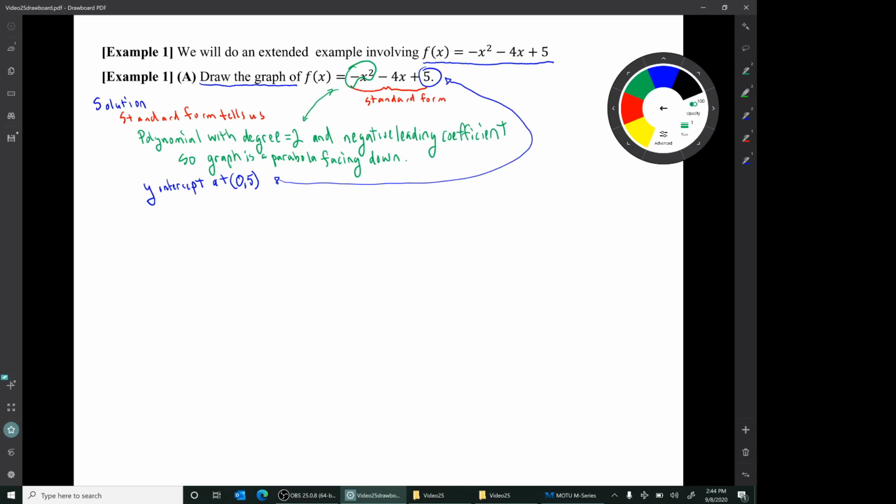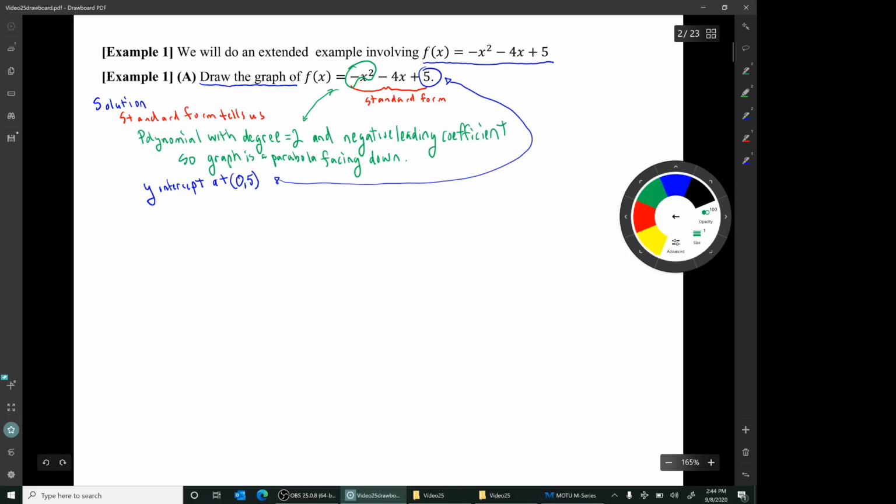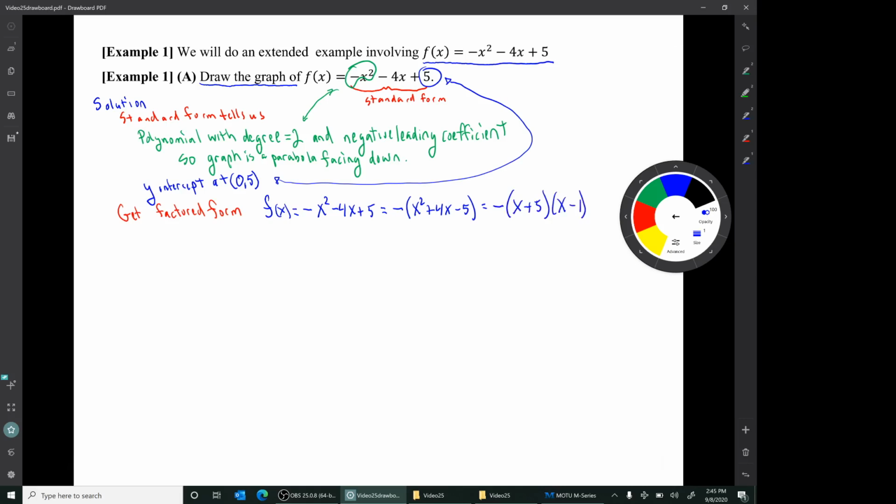Now let's look at the factored form of the function. So the factored form tells us that there are 2 x-intercepts at x equals -5 and x equals 1.